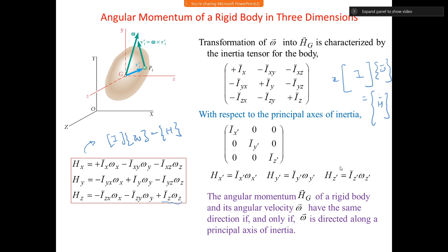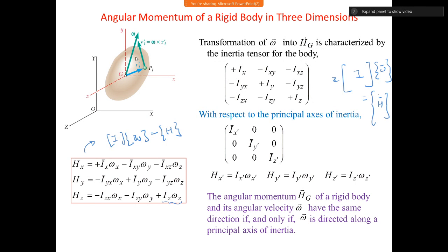So the angular momentum Hg of a rigid body and its angular velocity have the same direction if and only if omega is directed along a principal axis of inertia. It's a very important conclusion.